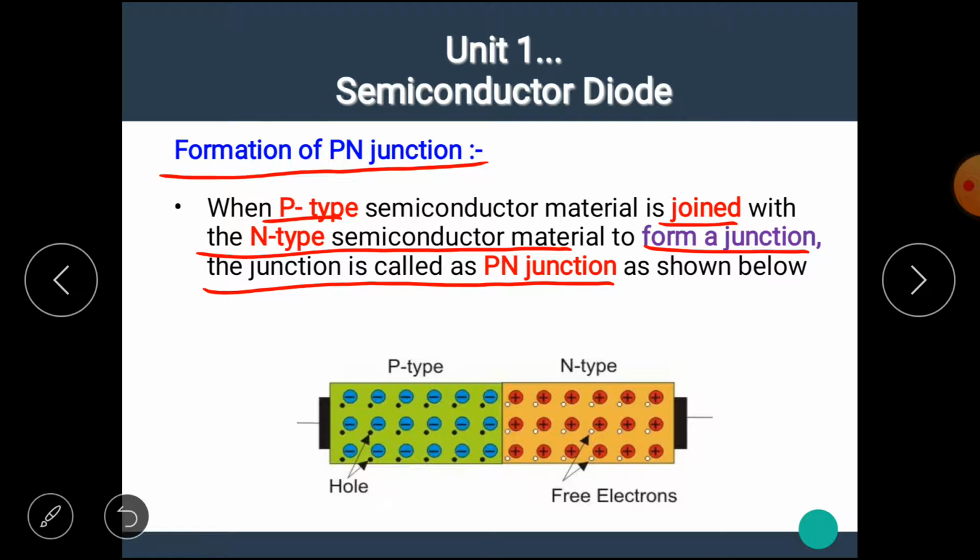Here the p-type semiconductor material is shown and the n-type semiconductor material is shown. These two materials are joined here to form a junction. Hence, this junction is called the p-n junction.